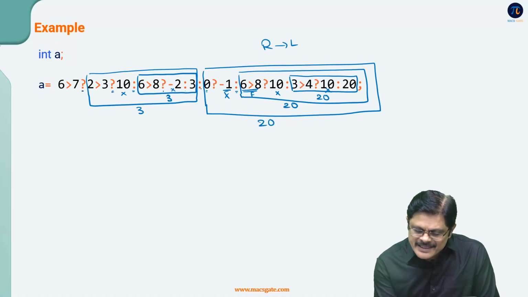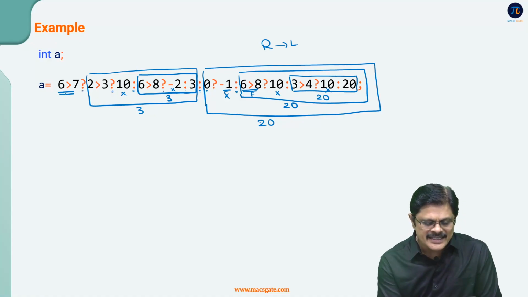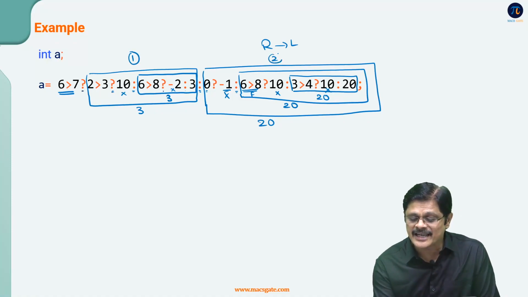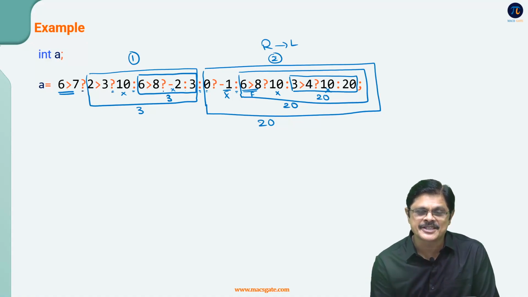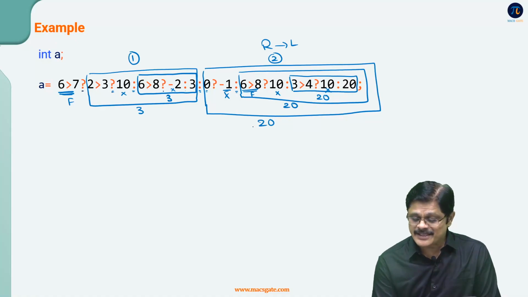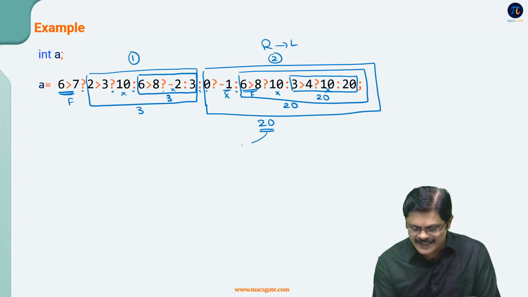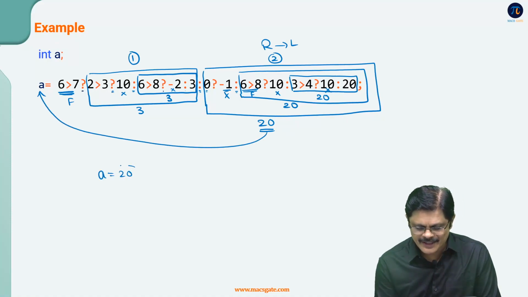Now for this colon, this is the question mark. So we evaluate this: this is expression 1, and this is expression 2. If it is true, the first expression is evaluated; if false, the second expression is evaluated. 6 greater than 7 is false, so the second expression is evaluated, which is already evaluated. So 20 is assigned to A. The value of A is 20.